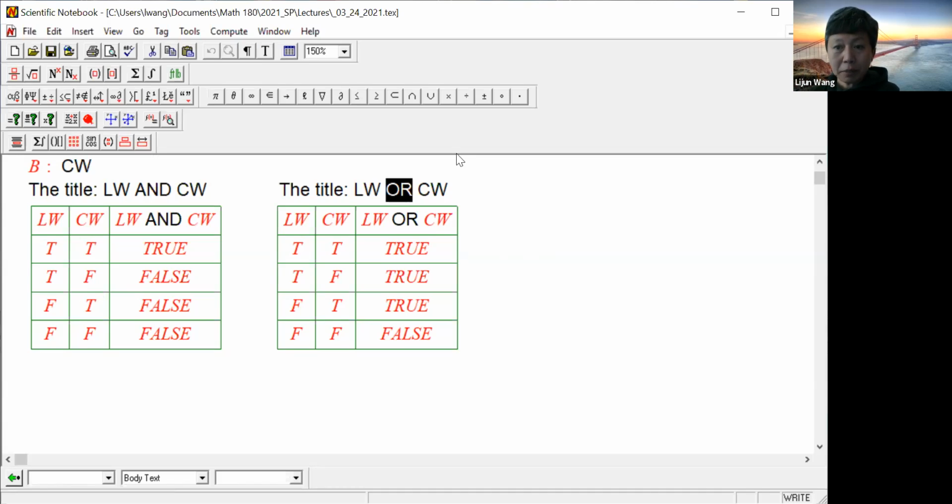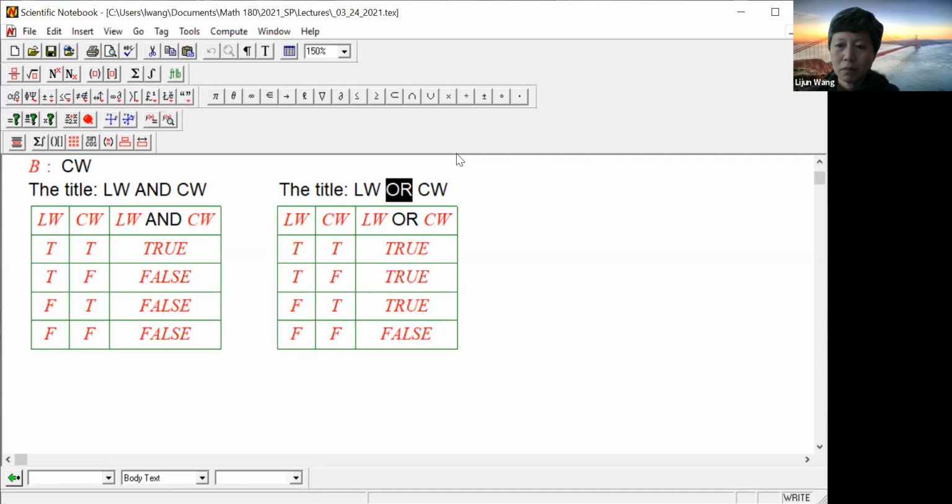You can see it makes a big difference, isn't it? So when you work through your math questions, the words "and" and "or" have the same meaning in mathematics as they do in the real world.